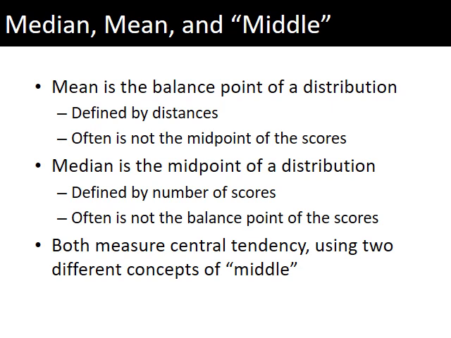It's directly in the middle of the set of scores. Both of these measure central tendency using 2 different concepts of the middle, or what the central tendency actually is.